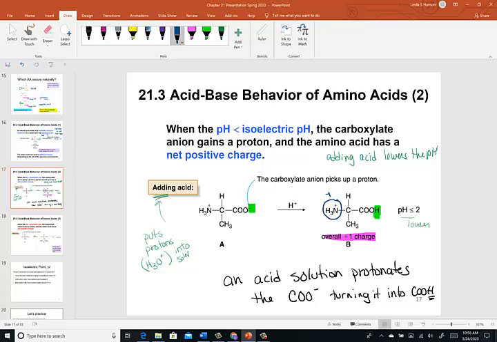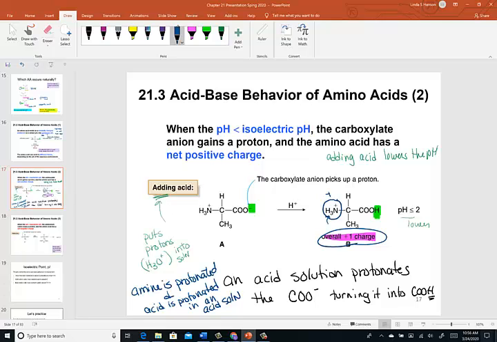So in an acid range, you have a +1 charge overall, where the amine is also protonated. So the amine is protonated, and the acid is protonated in an acid solution, giving us a +1 charge overall. Acids protonate both the amine and the acid portion of our amino acid.